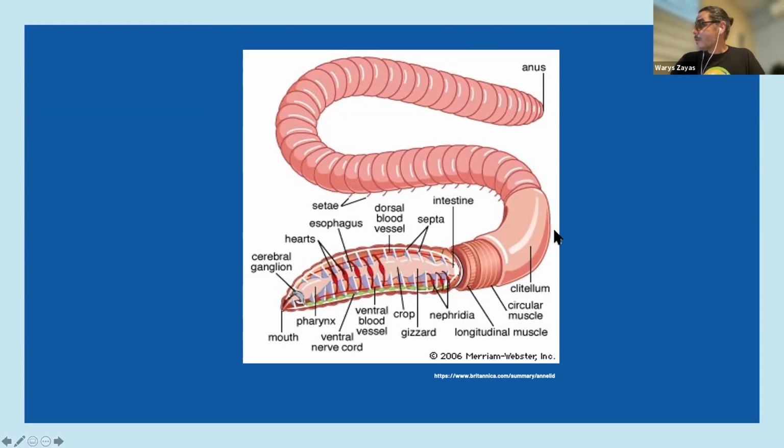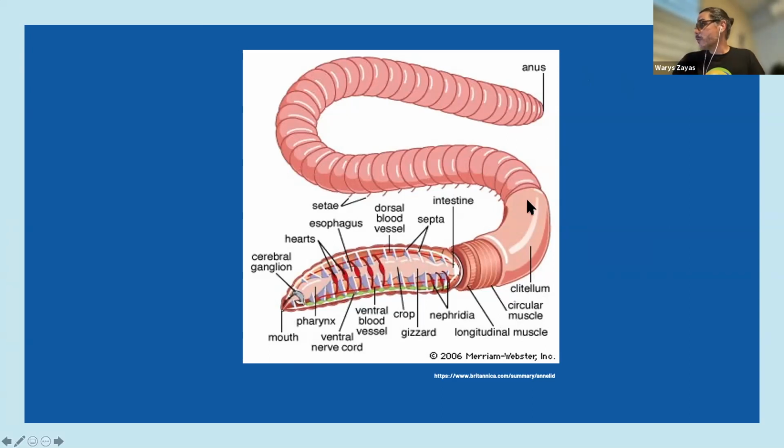The clitellum has the peculiarity that it passes from the bottom part of the animal toward the head, and through this movement the clitellum collects all those gametes exchanged with the other mate, right?